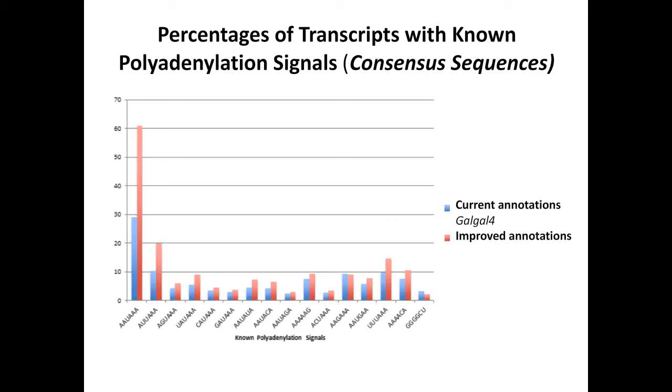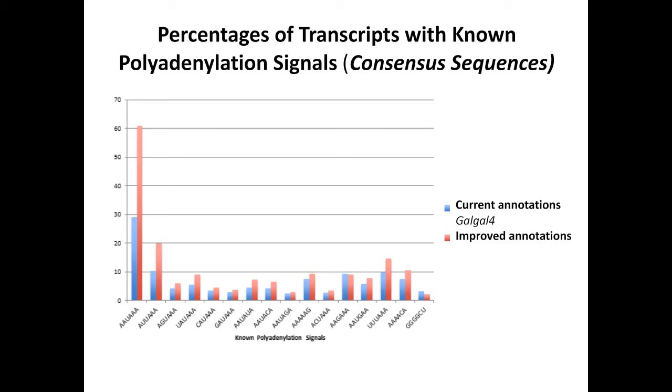So after doing all these improvements and filtering the data, cleaning, for example, looking at poly-A stretches and extending the 3' UTR, we were wondering how good we were doing. So we looked at, as you remember from earlier slides, the polyadenylation signals.